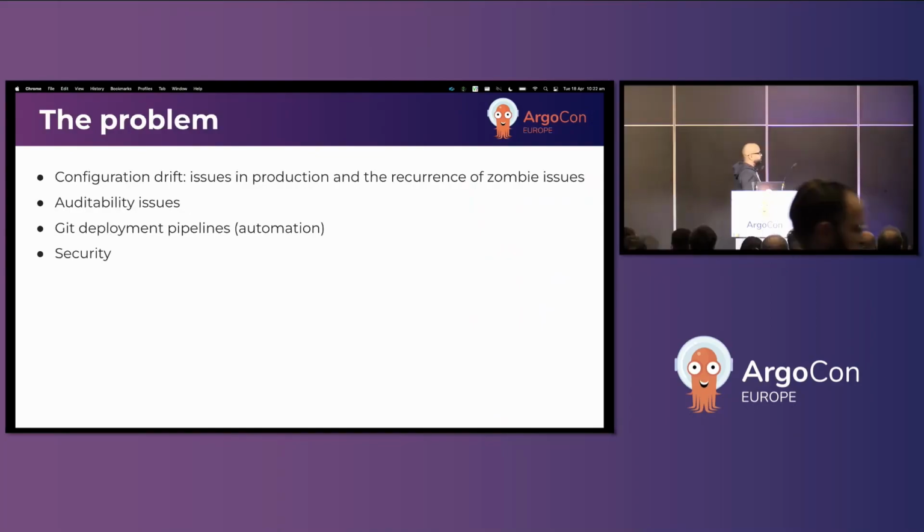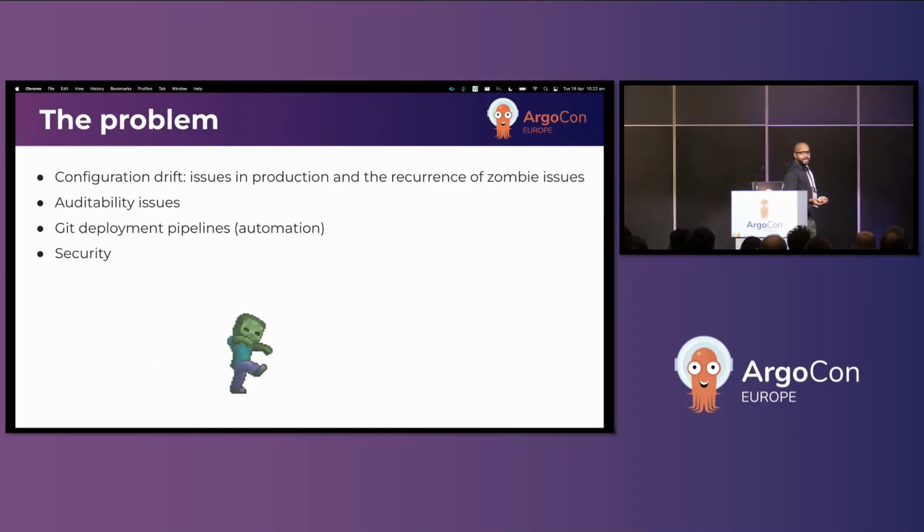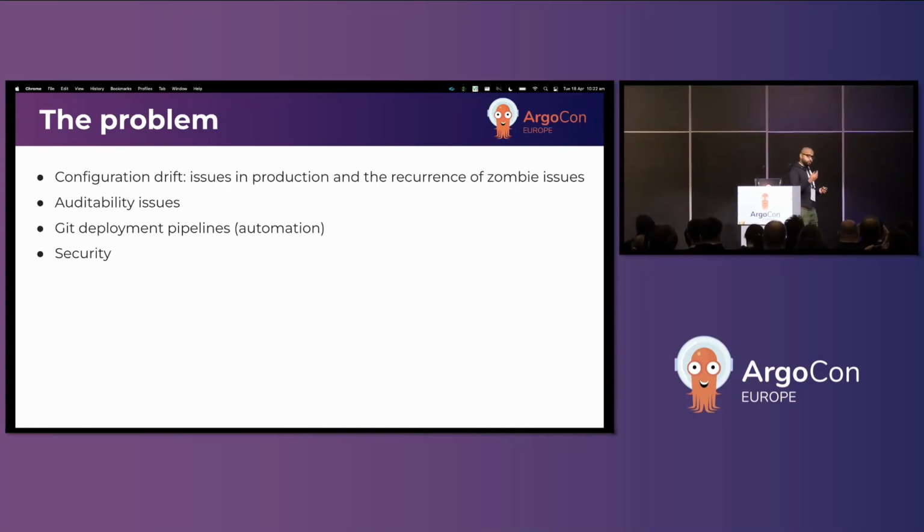So the problem. Some of the main issues which business liked to look at was, one, configuration drift in production and zombie issues. What I mean by that is, when you have a production issue and at that moment you want to go and check and resolve the issue as a priority, most of the time you tend to do it the right way.